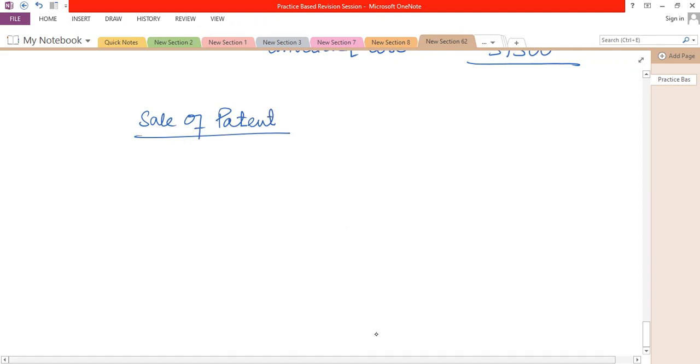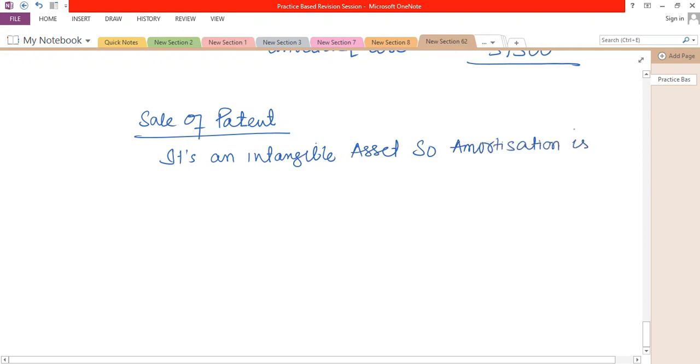Now, a few lines for explanation, and then I will solve the calculation. It's an intangible asset, first of all. So amortization is an allowable expense.